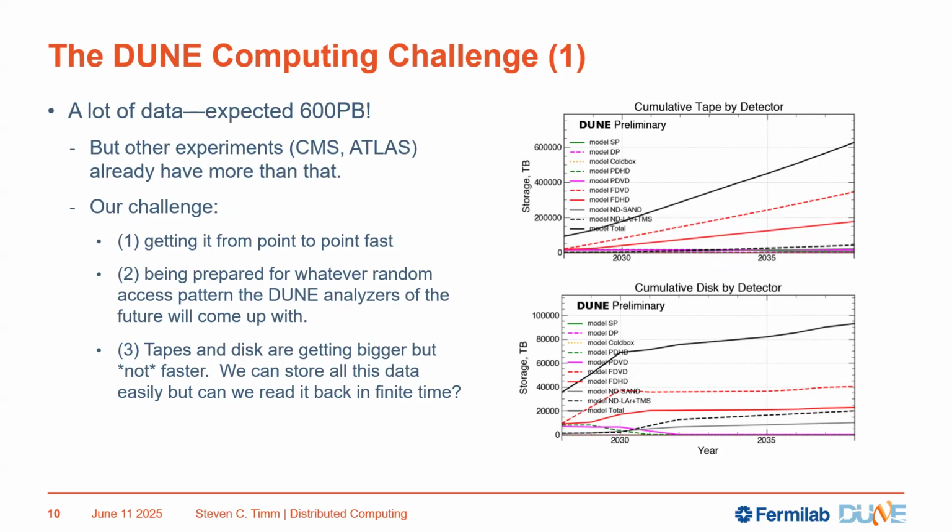I don't know what that's going to be, but I have confidence in my colleagues they will think of something that will do things out of order or make a very high bulk I/O or whatever. I'm just trying to build a system that will be prepared for whatever they think of in 5 years. And then, like I said before, tapes and disks are getting bigger but not faster. We can store all this data easily, but can we read it back in finite time?